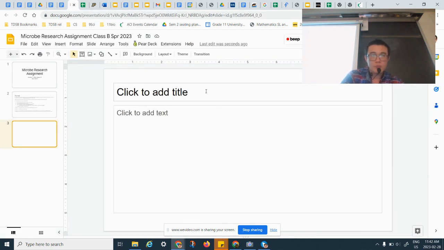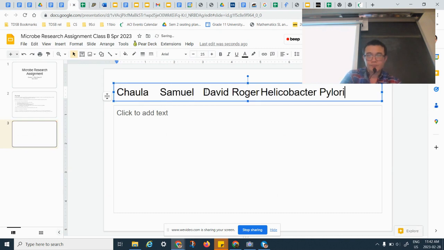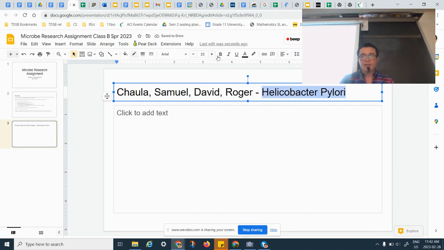So for your group, you just create it like this. Because you have to italicize all that, and this one's supposed to be lowercase.